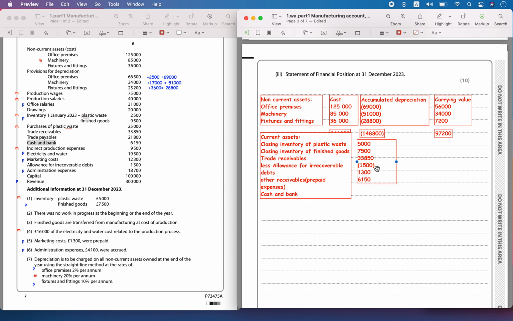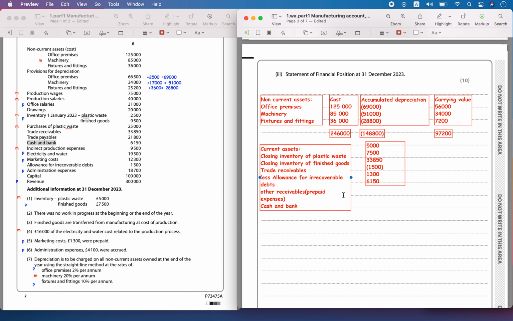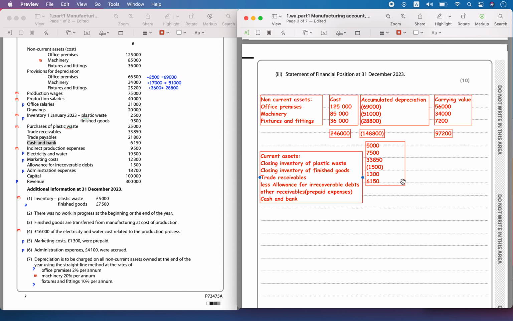Now let's calculate all of this. So what is the net current assets? It is going to be equal to 52,300.